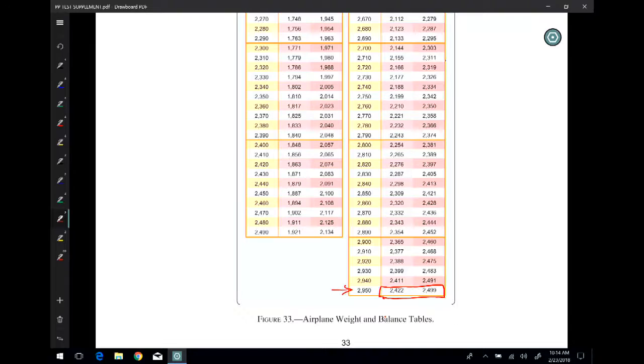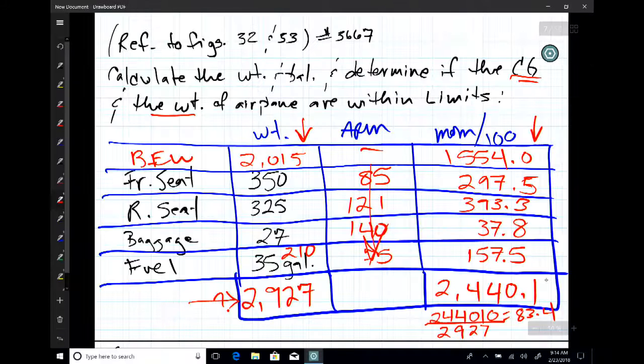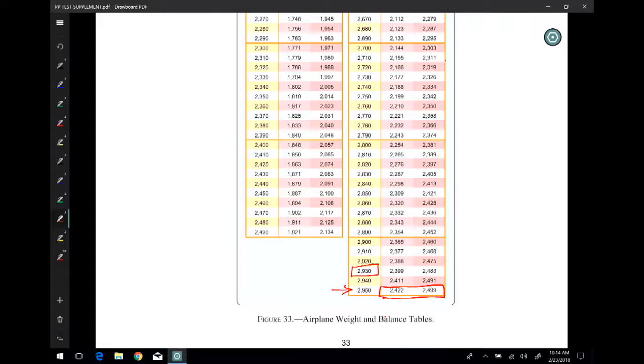Let's round that up to 29.30. The moment that you got here, 2,440, does that fall between these numbers? Yes, it does, because you have a range of 2,399 and a max moment range of 2,483. So you're 40 points to the good inside that 2,483 on the max side.